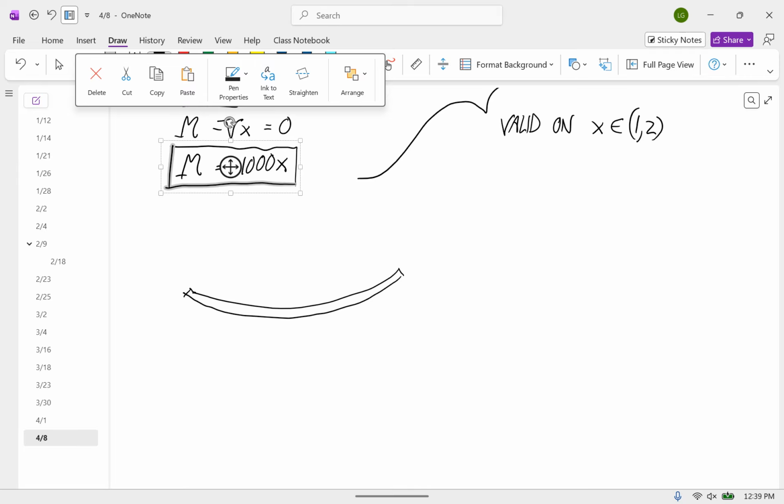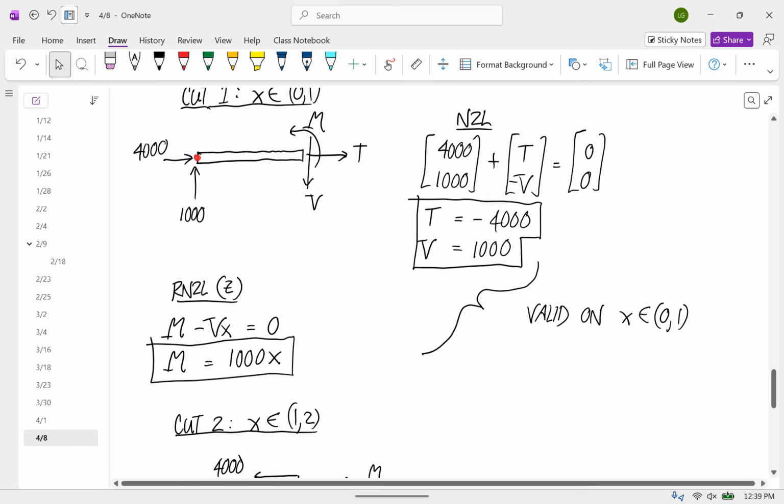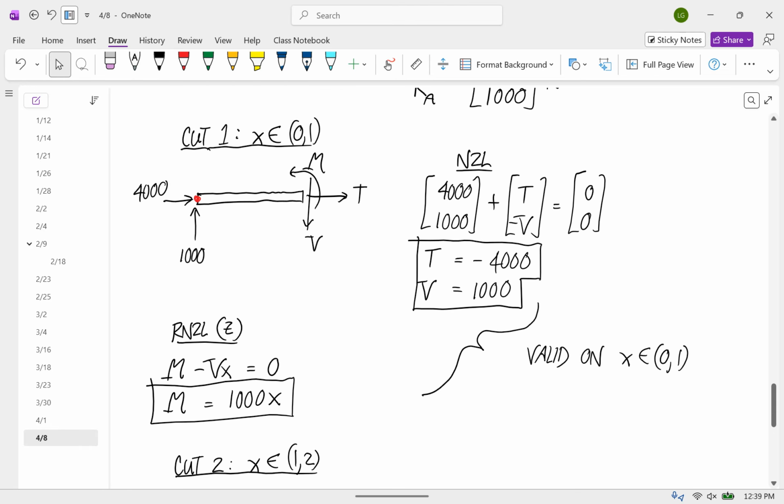So then we have to ask ourselves, on cut 1, is this in tension or compression? Due to tension or compression, is the stress going to be positive or negative? Because we're most concerned about when those are working together to break this thing. If one's trying to break the thing and one's playing defense on it, that's not going to be as much of a problem as when they're working together. You know what I mean? So we're most concerned about the top of the beam when both of these are putting it in compression.